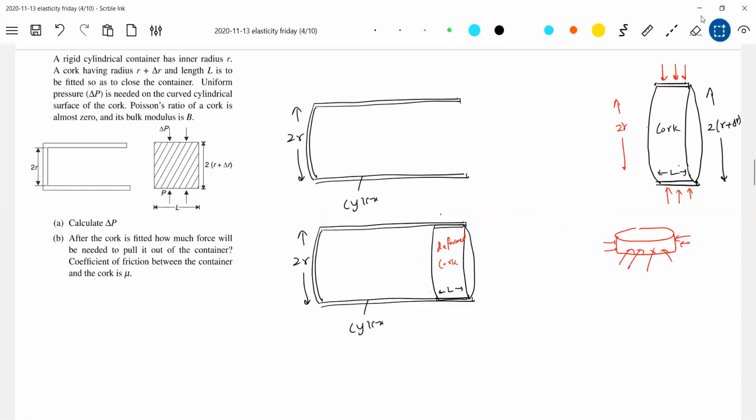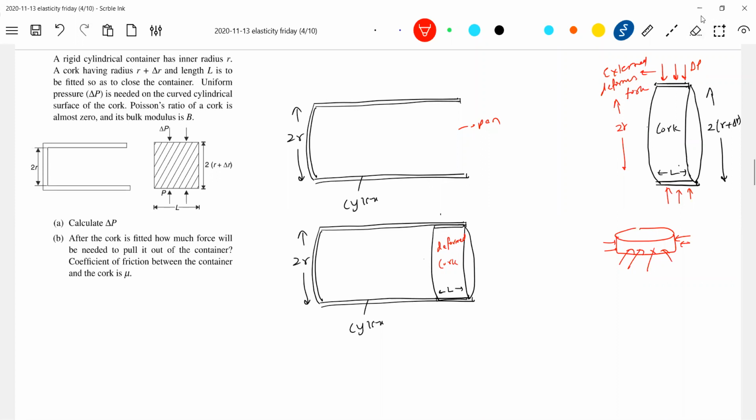I closed it now. This was open. Now we have closed it using a cork here. Tell me what is the state of the cork? It is deformed, no? Continuously there will be force acting. This is the external force, delta P, the external deforming force.